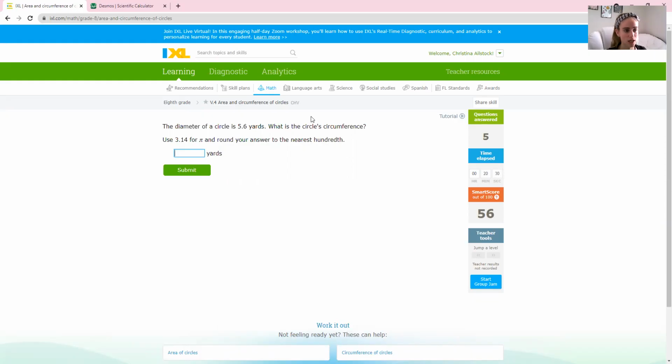What are we finding? We are finding the circumference. Before I decide which formula I want to use, what did it give me? It gave us the diameter. That means the formula we want to use for circumference is pi times diameter.